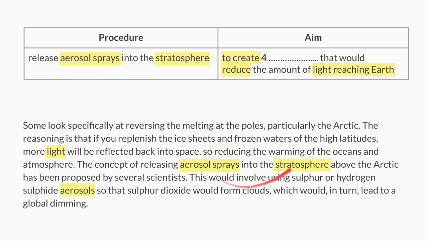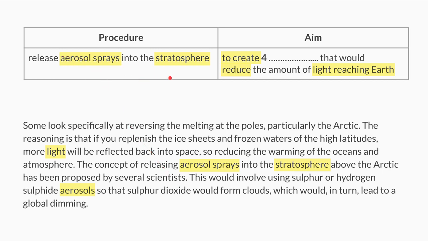So these are the main keywords that I was looking for, but there are also other keywords in here. So I'm pretty sure that I'm going to find my answer somewhere around here. So let's go ahead and read this sentence. It says, the concept of releasing aerosol sprays into the stratosphere above the Arctic has been proposed by several scientists.